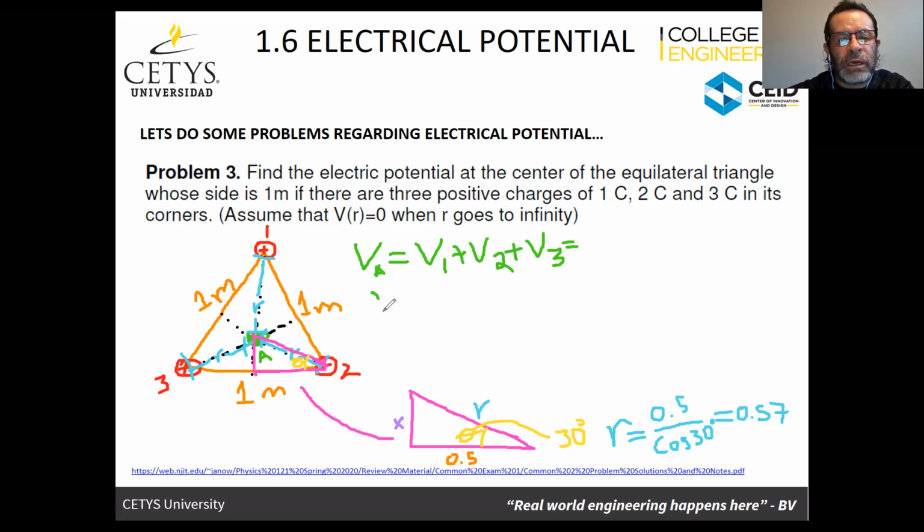And so V1 is going to be equal to K Q1 divided by R. You know that K equals 9 times 10 to the 9, multiplied by 1 coulomb, divided by 0.57.